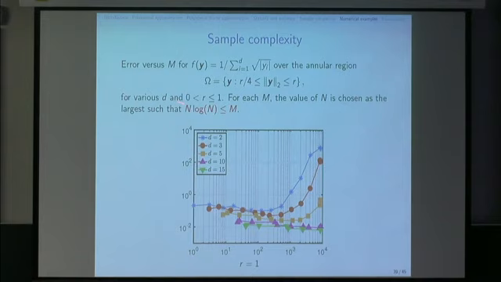From the results that I stated, we know that the sample complexity should be n squared times log n. So it should be quadratic in n. And I'm actually going to break that to make things interesting. I'm just going to do log linear sampling, and then look at my approximation. So this is the approximation error versus n. The error is on the y-axis, and each curve is a different dimension.